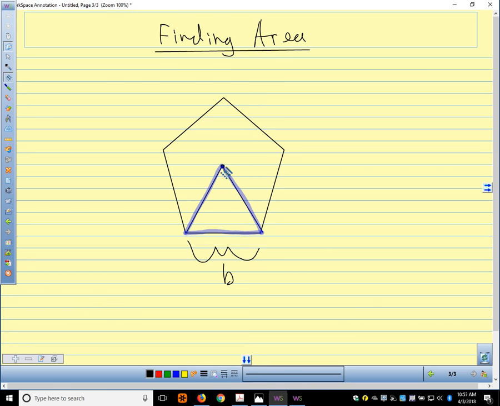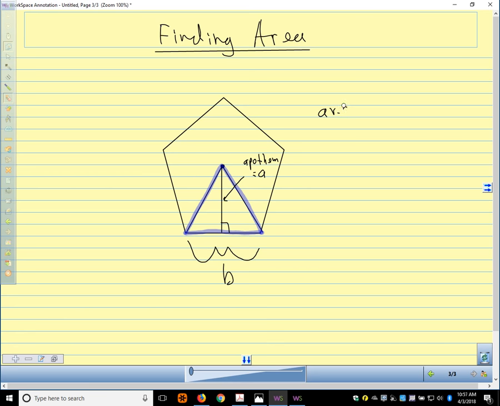Well, to find the area of the triangle, I need the height. Well, the height of that triangle is the apothem of the polygon. And I'm going to call it A. So the area of one triangle is the base times the height divided by 2.